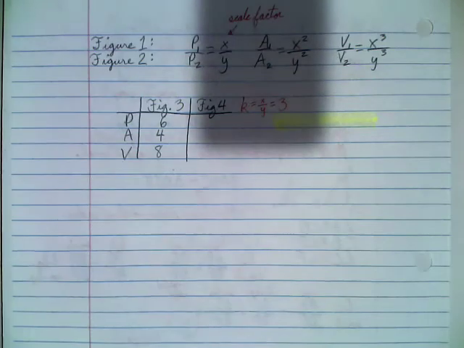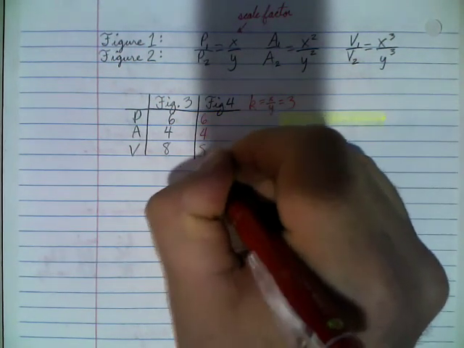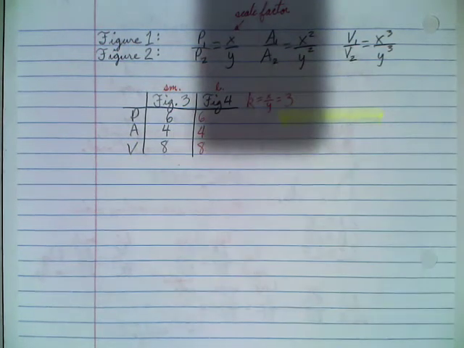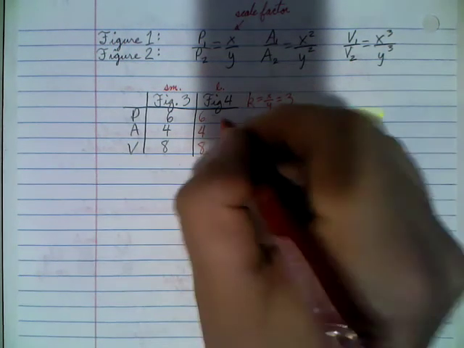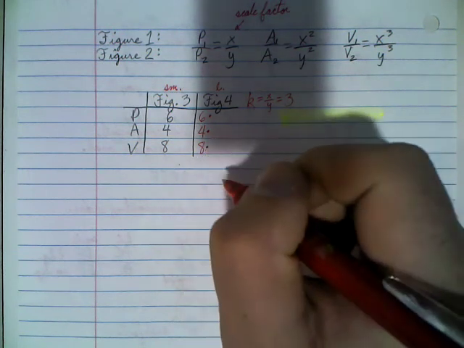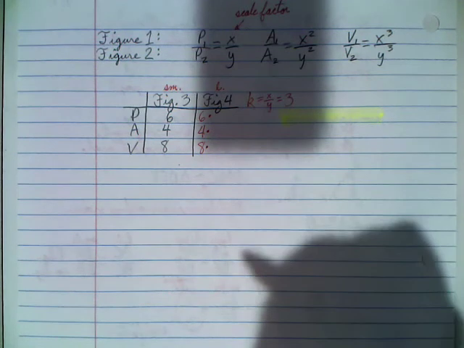So if the scale factor is 3 here, then what I'm going to do is take the previous measurements, and we're going to say that figure 3 is the smaller of the two. This is the larger of the two. So in order to get larger, we're going to multiply by the scale factor.